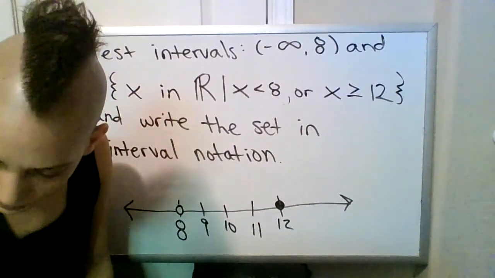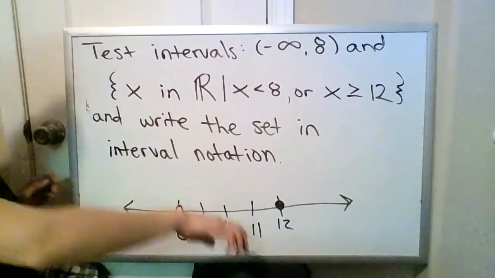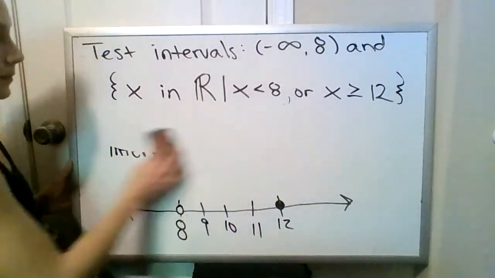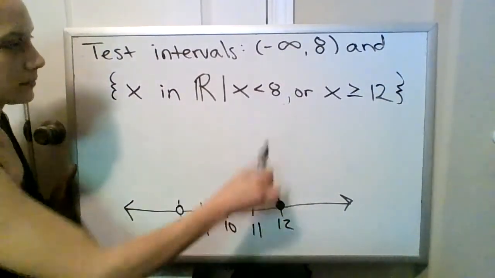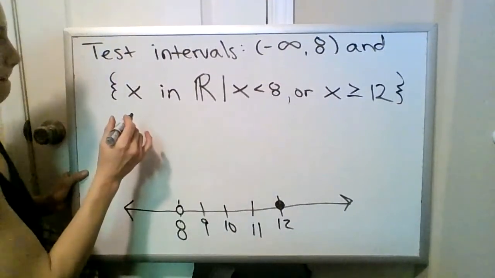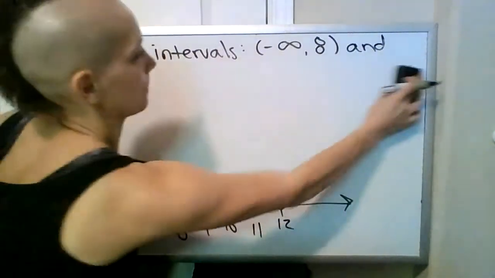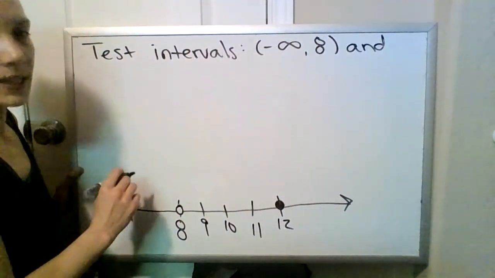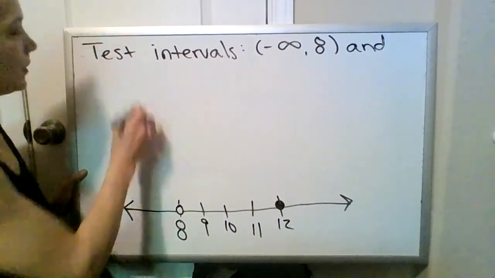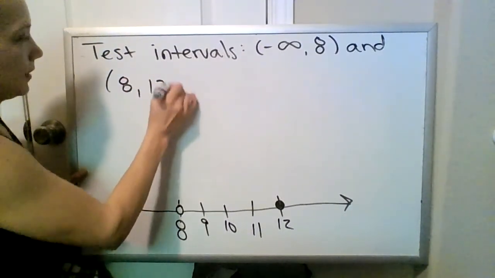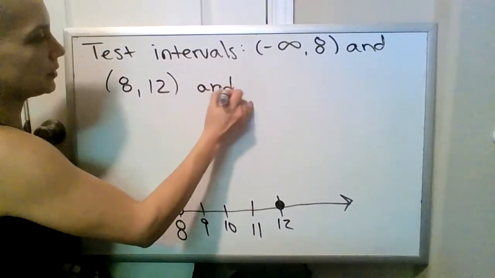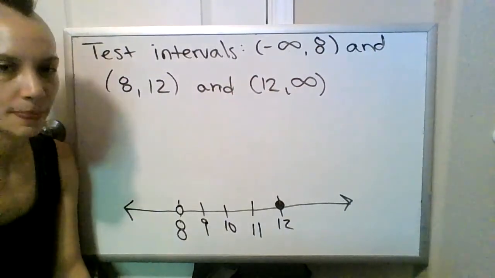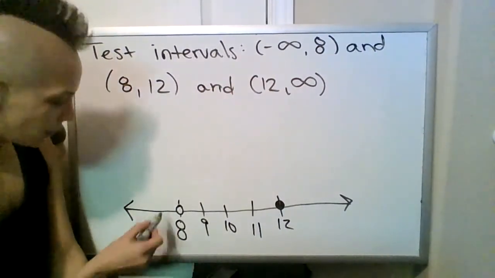Okay, let me just make a little note to myself. So we're also doing from 8 over to 12, and from 12 up to infinity. I'm going to test 7.